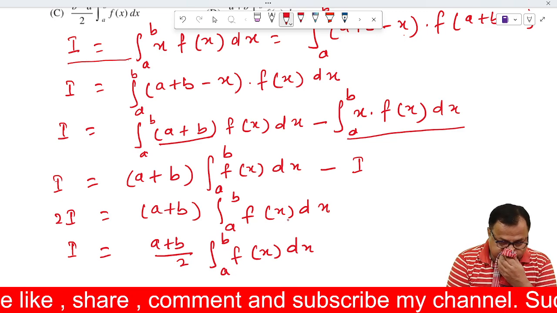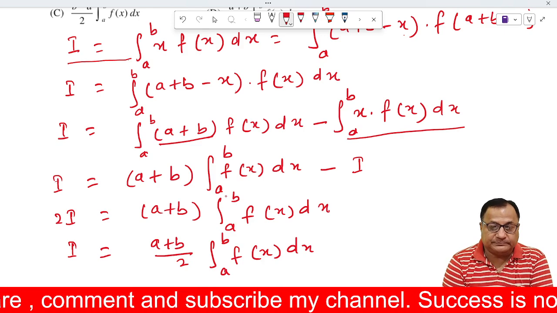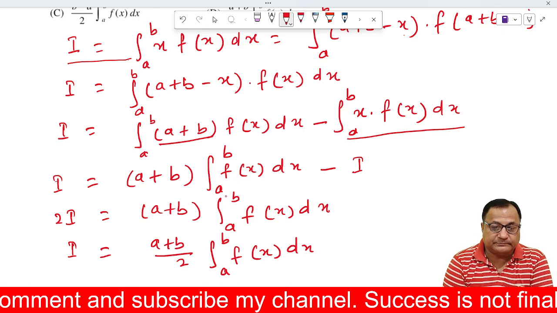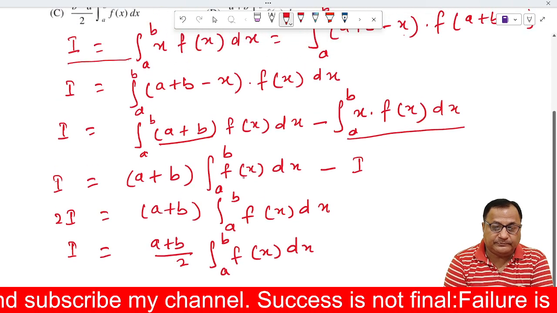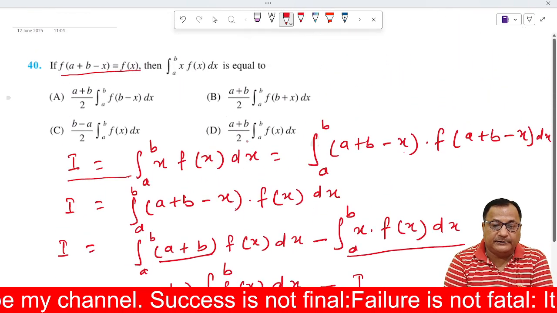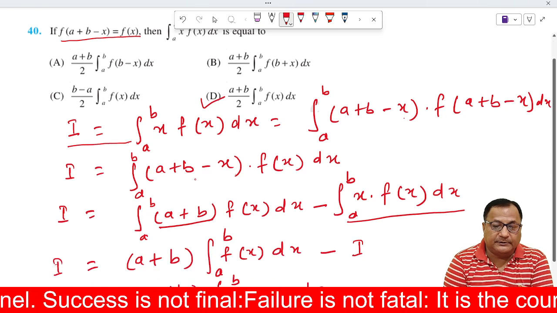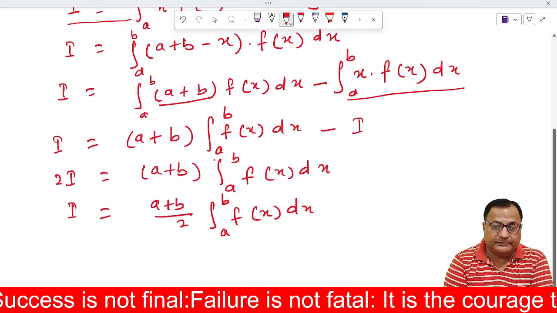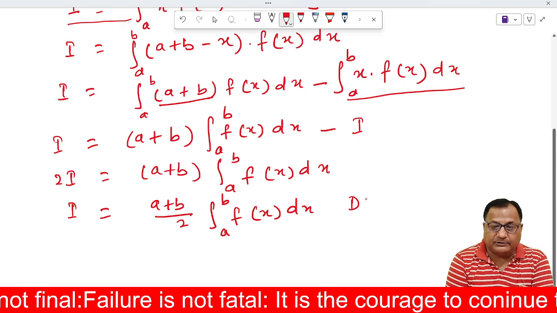So this option would be right, D. So D is the right option.